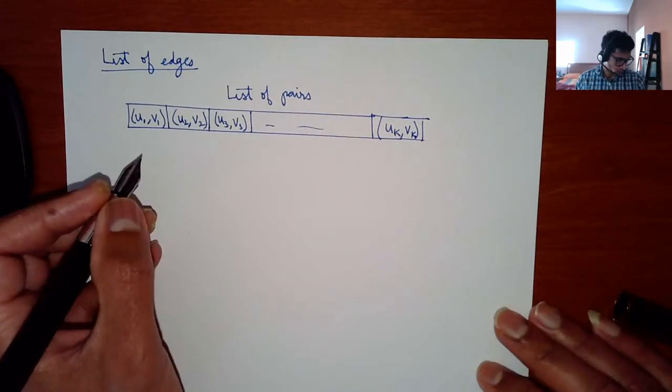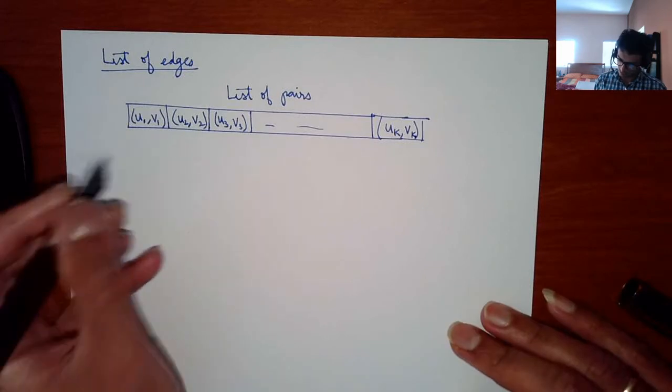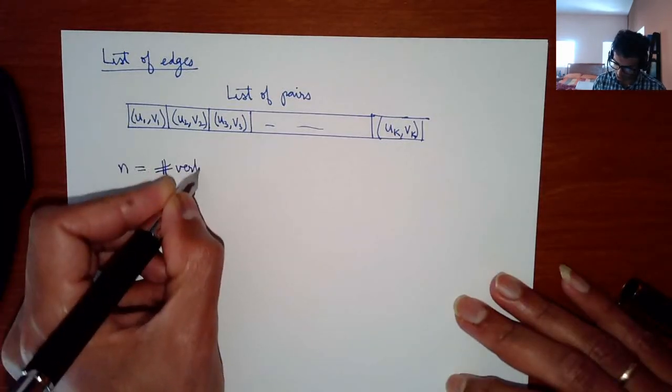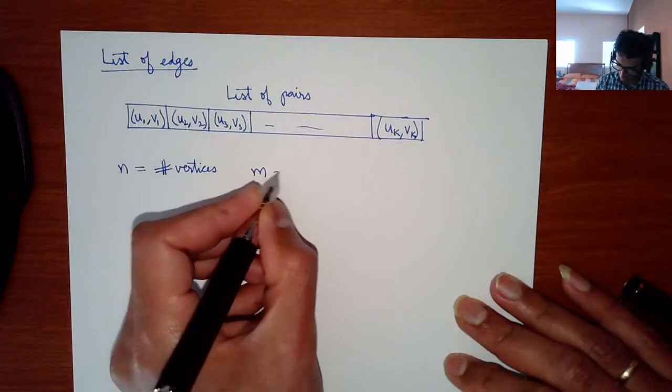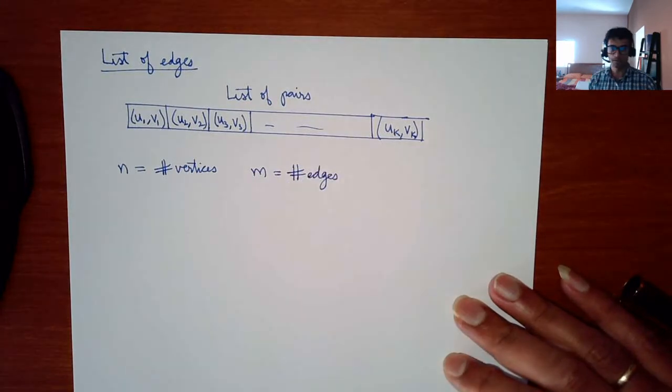Now what we're going to talk about is to try to understand how big these representations are. So let n be the number of vertices, and this is extremely common when one talks about graphs and algorithms, which is to have n and m, the number of edges.